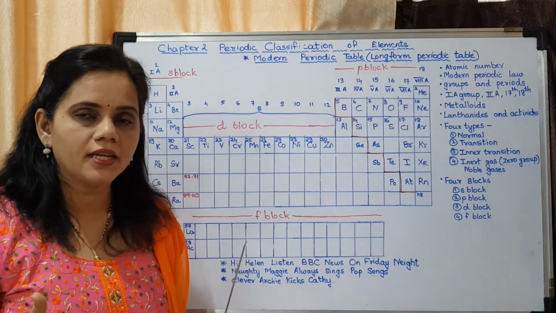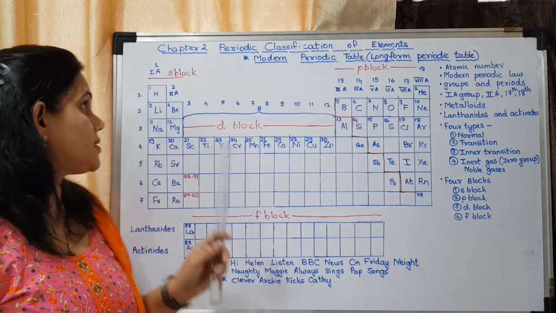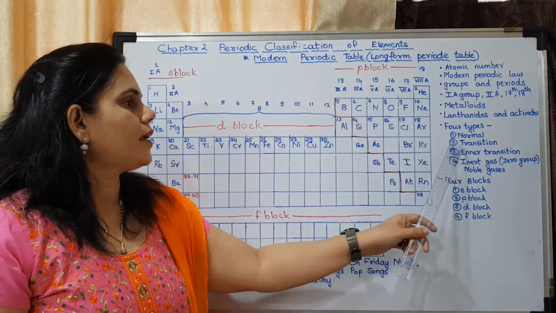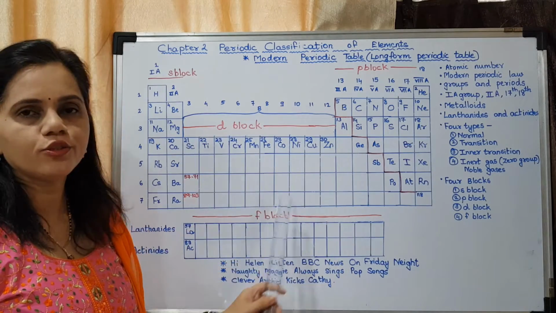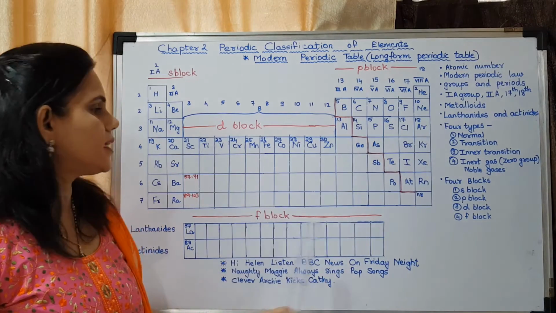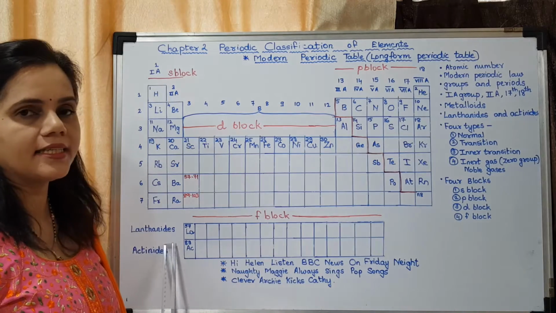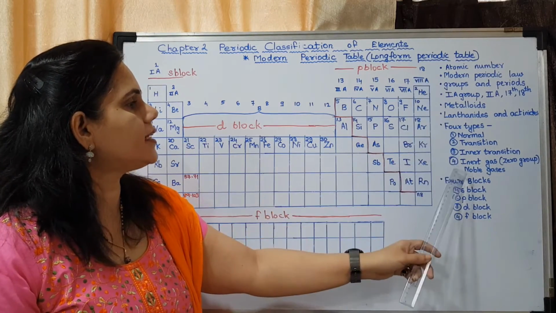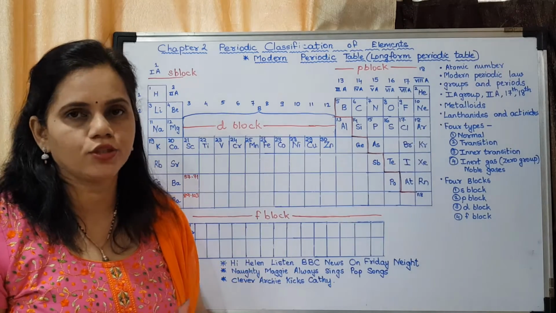So I'll repeat, normal elements consist of 1, 2, 13 to 17. Transition elements make 3 to 12. Inner transition elements are the lanthanides and actinides, and inert gas elements are the 18th group.